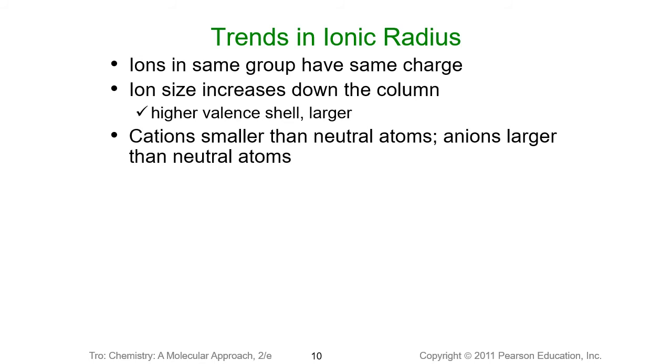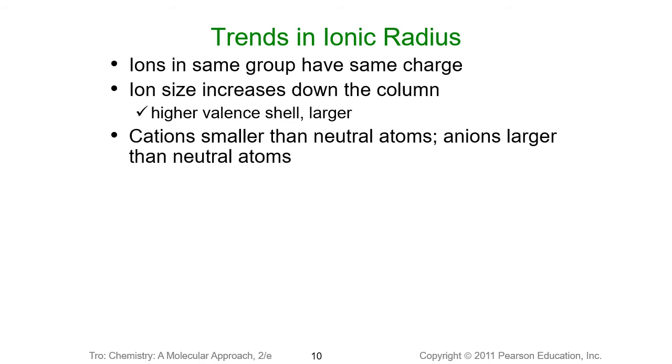Anions are larger than the neutral atom. The reason for this is because we have more negative charges being held on by less positive charges. We're adding electrons, making it more negative, which are going to repel each other for the same number of positive charges.